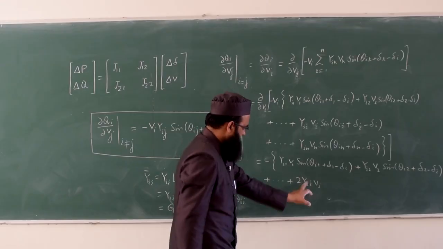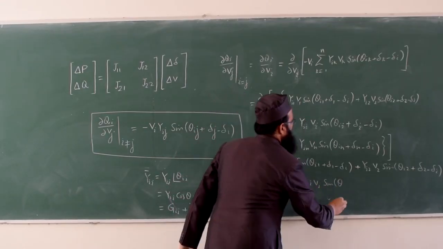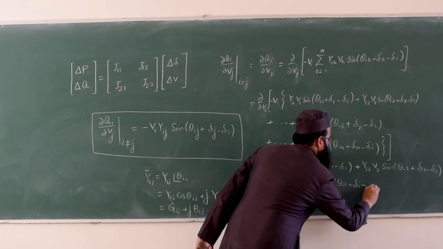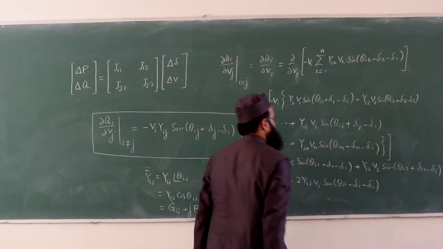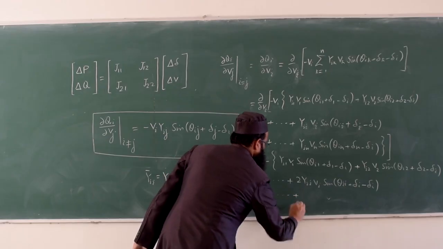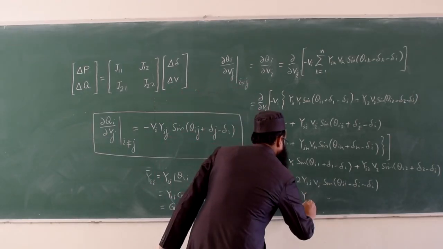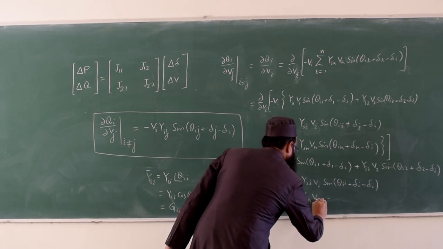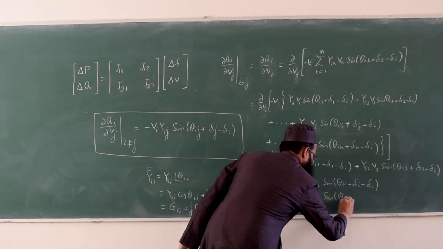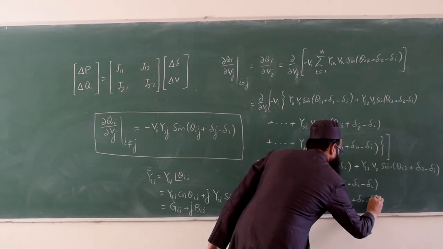So, twice of Yii sine of theta ii plus delta i minus delta i, that is 0, plus and so on, plus the nth term: Yin Vn sine of theta in plus delta n minus delta i.